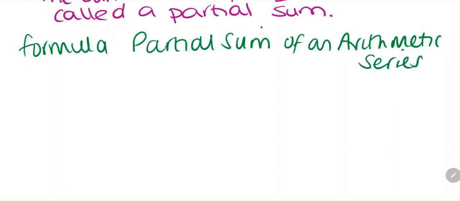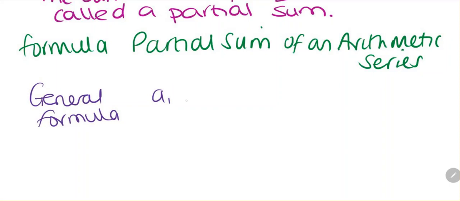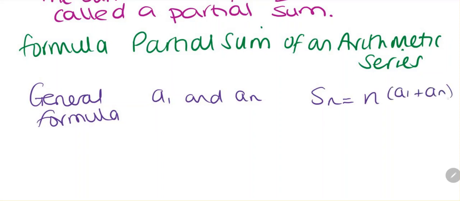We have the general formula, which is A1 and An. So the sum of the first n terms is n times A1 plus An, divided by 2.